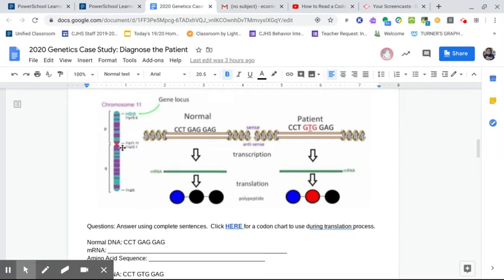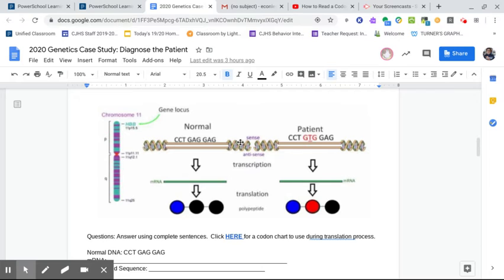So on chromosome 11, if we were to look at it a little bit more closely at the HBB location, we would see that the DNA, normal DNA at this point would be CCT, GAG, GAG. But Michael has a T right there instead of an A. So we need to see exactly what that means.